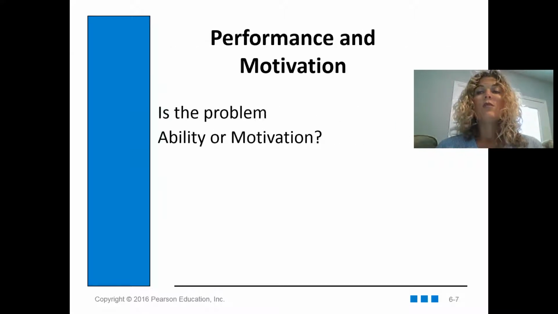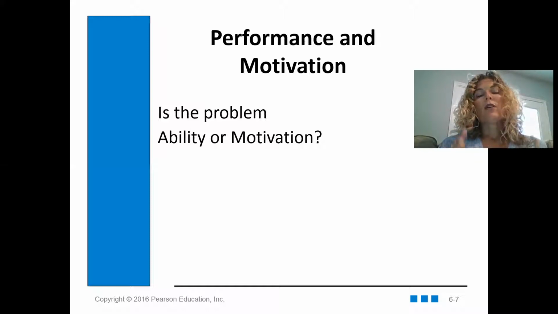We want to spend a lot of time getting the problem right, because if I diagnose this performance issue as an ability problem and it's really not, all the solutions that I'm going to employ are not going to help. It's going to cause a lot of frustration, and we're most likely going to have a negative impact on their performance overall.